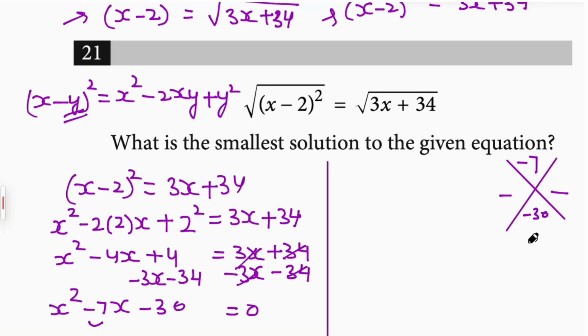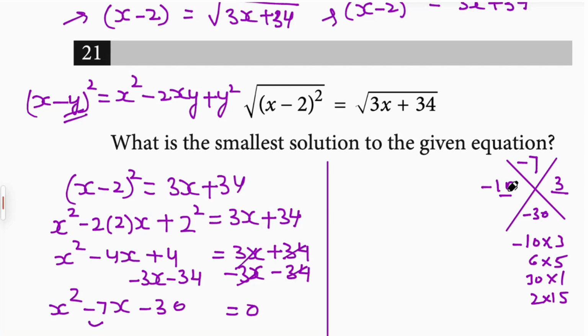There can be many combinations like 10 times 3, or 6 times 5, or 30 times 1, or 2 times 15. But here if we do negative 10 and positive 3, we have to select one which is suitable for both.